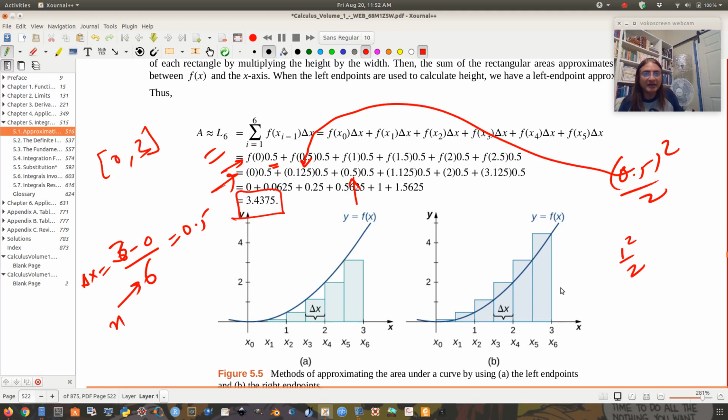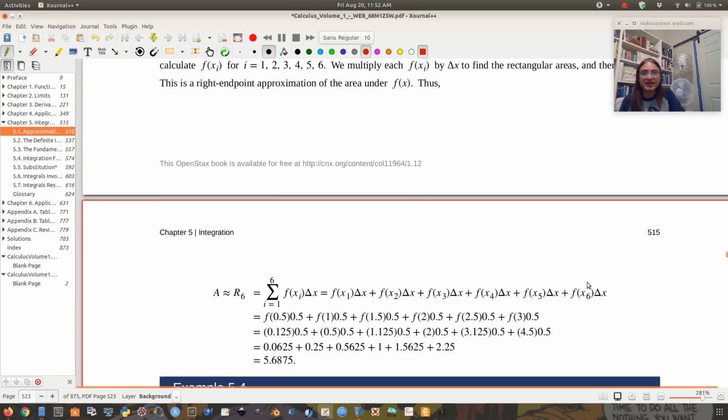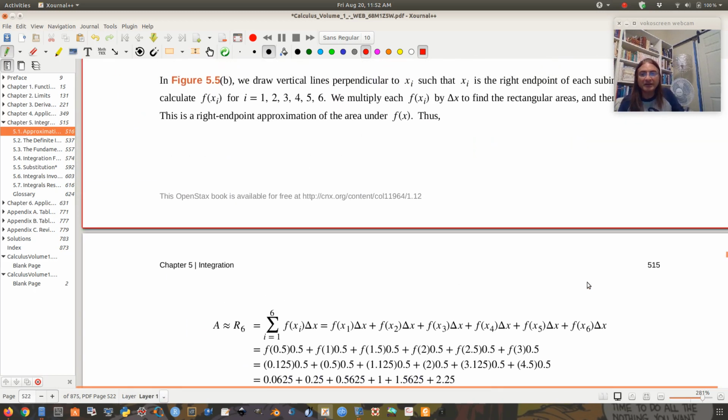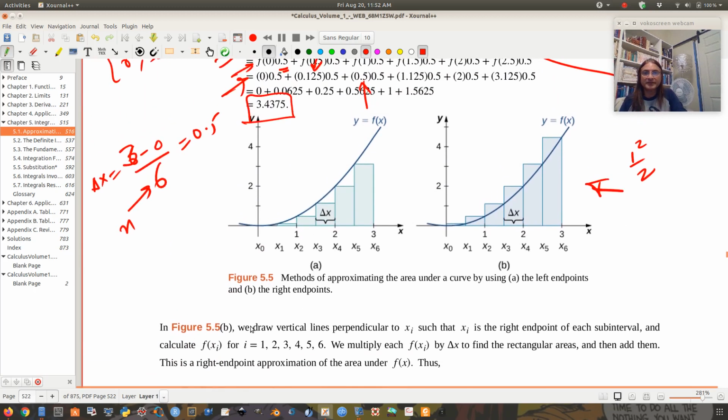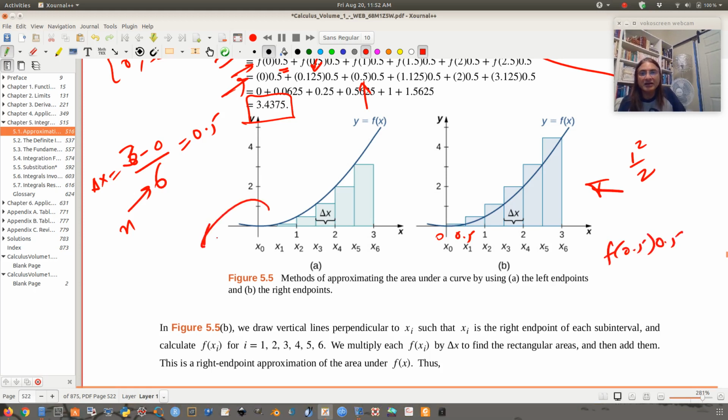On the other hand, this one is the right-hand approximation. In this case, you start with f of 0.5 times 0.5. That's the first one. In the left-hand case, the first one is given by f of 0 times 0.5, because you're taking the left points for each one.